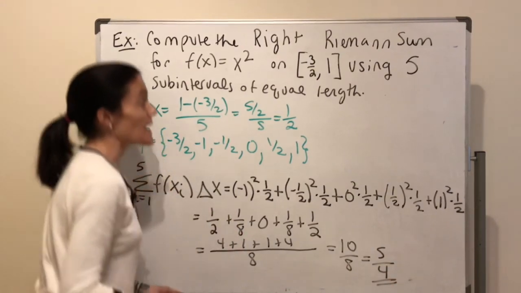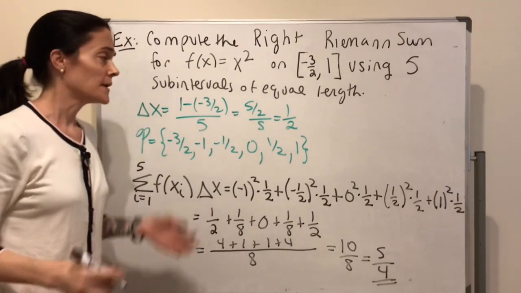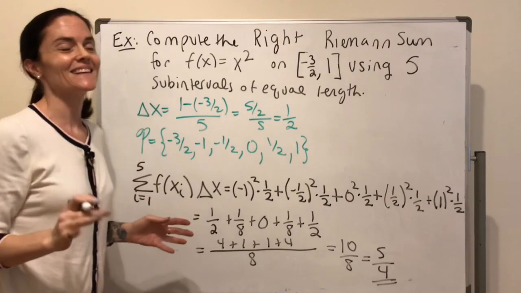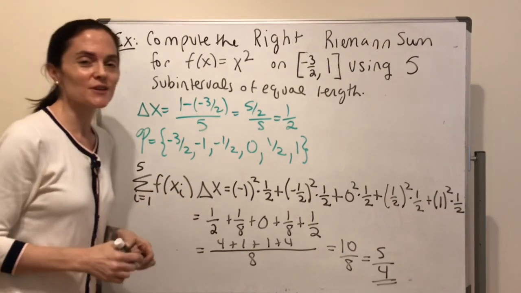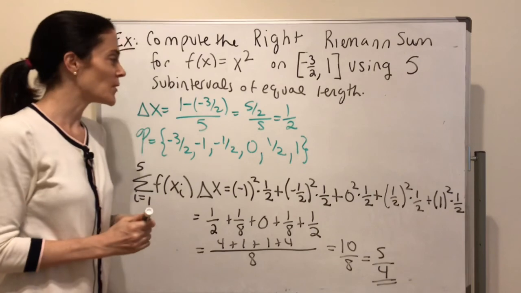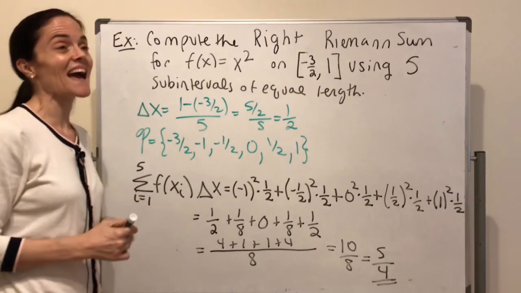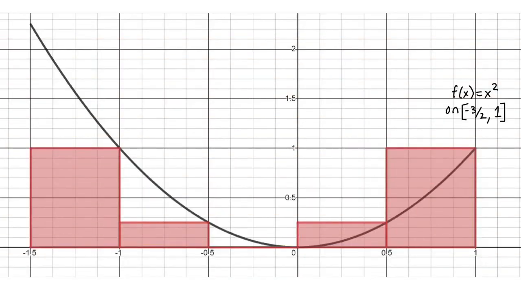So this is the value of this Riemann sum. And you see, I could calculate it without drawing a picture, although the picture can be helpful. So now let's look at a picture of this graph, x squared on the interval minus 3/2 to 1, and we will be able to see this right Riemann sum.